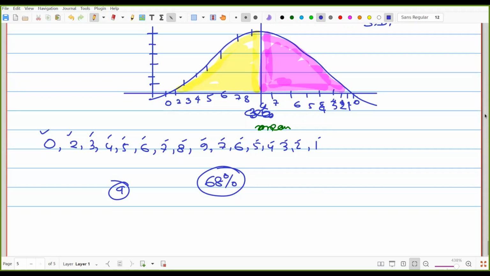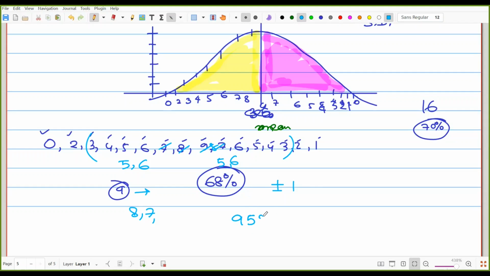So among 16, I am saying suppose 70% of data are near about plus minus 1 with the mean. So that means either 8 or 7, like that. If that is not true, suppose not 7, not 8, then that means 5, 6. In that way, the data are becoming.